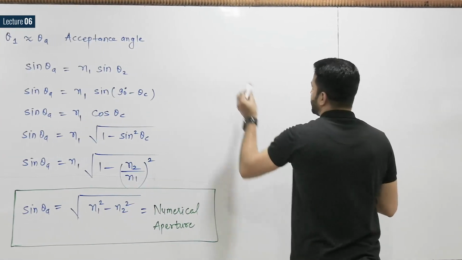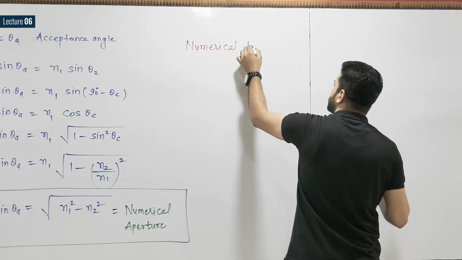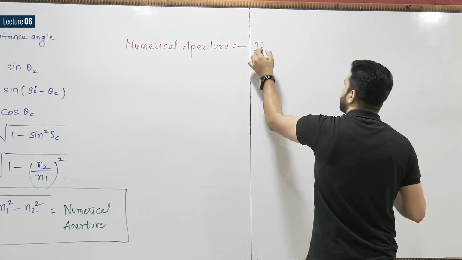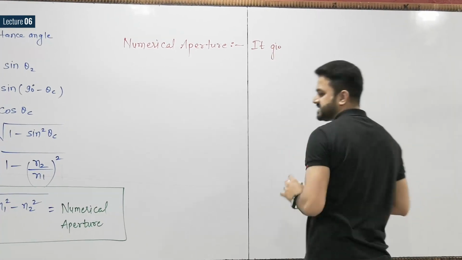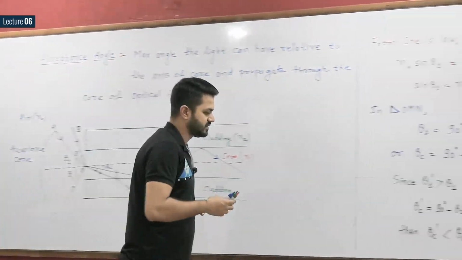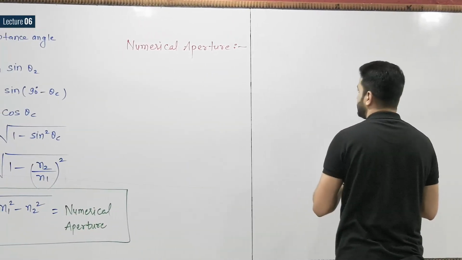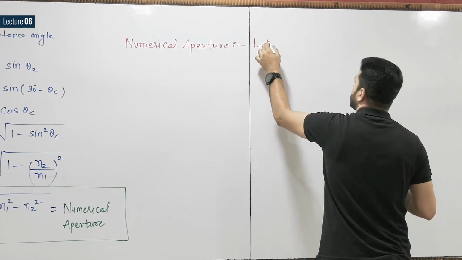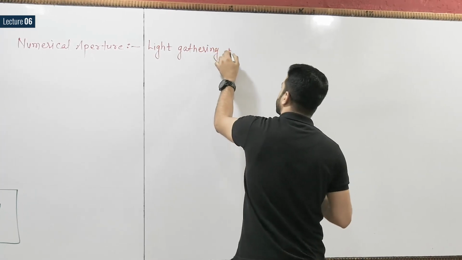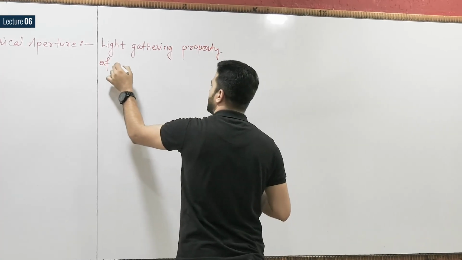This numerical aperture defines the light gathering property of optical fiber.